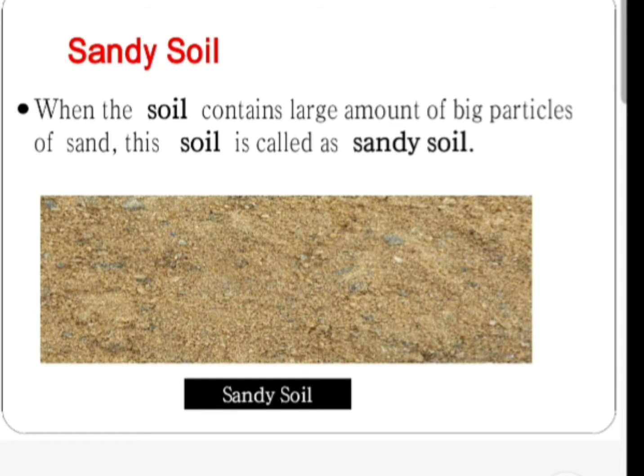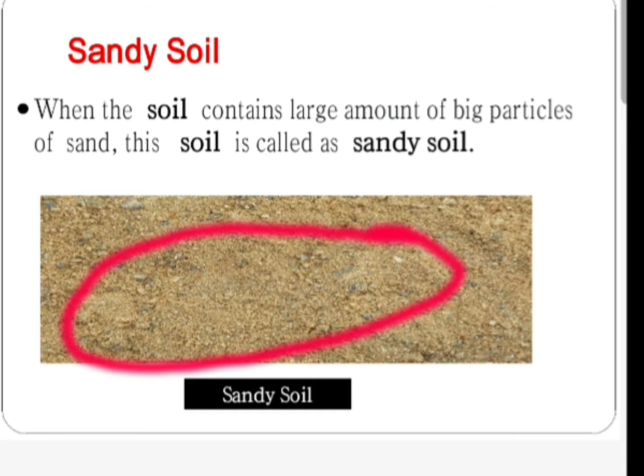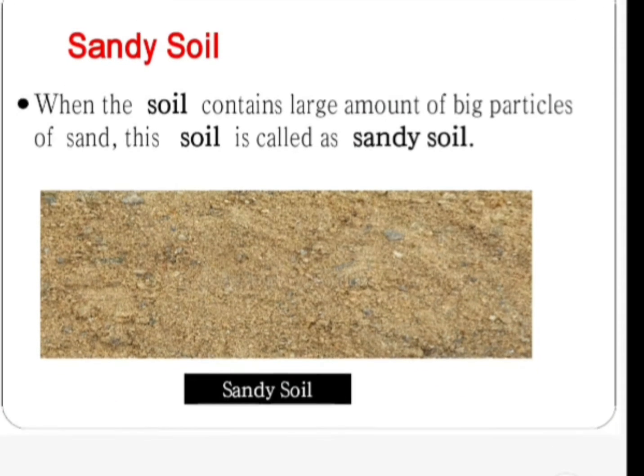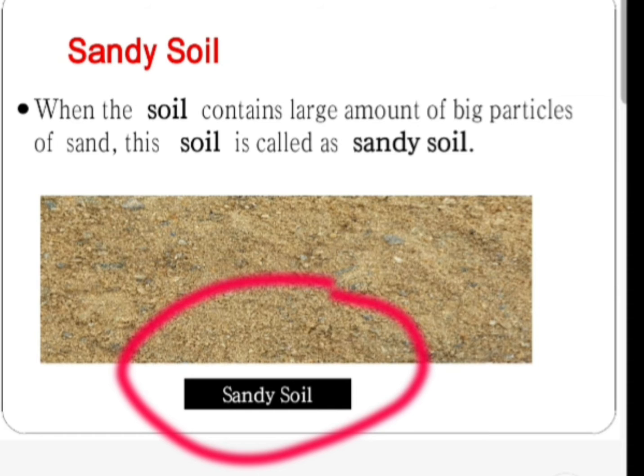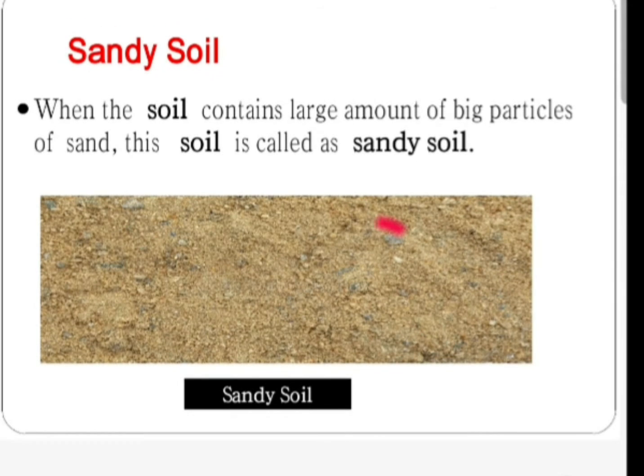When the soil contains a large amount of big particles of sand, this soil is called sandy soil. Sand particles do not fit closely together and there are large spaces between them.